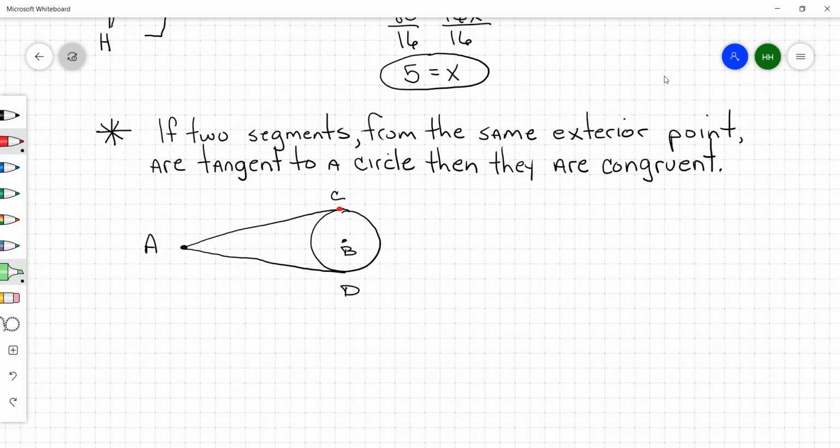C is a point of tangency. D is a point of tangency. Since both segments are tangent to the same circle and they originate from the same exterior point, AC is congruent to AD.